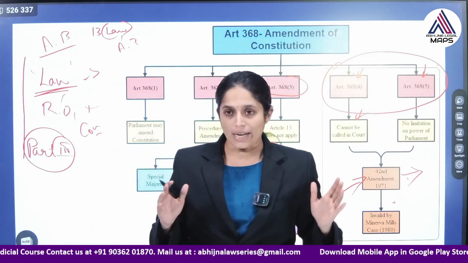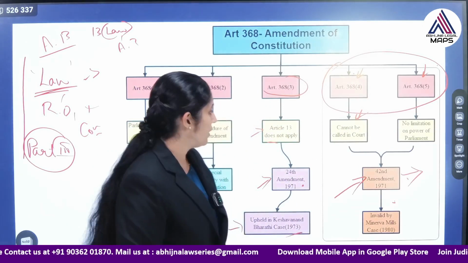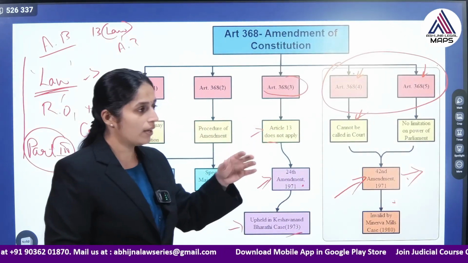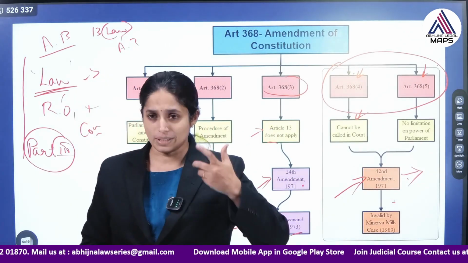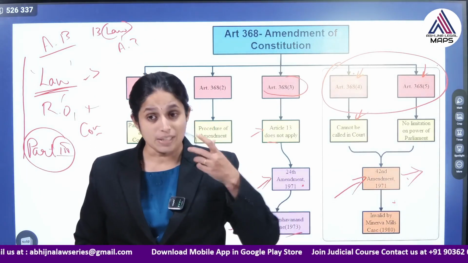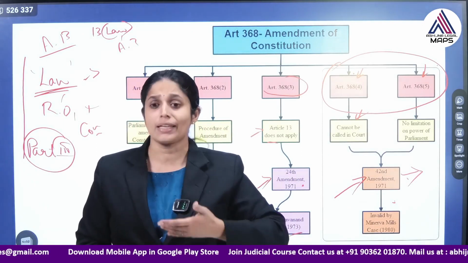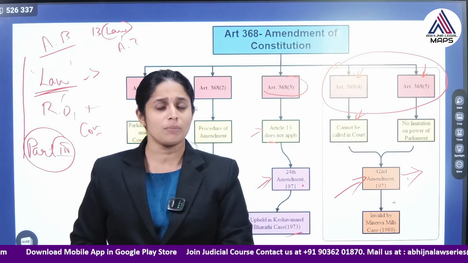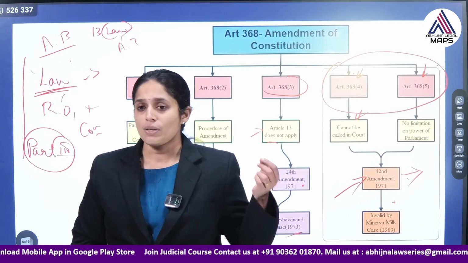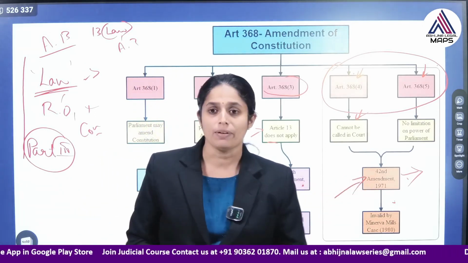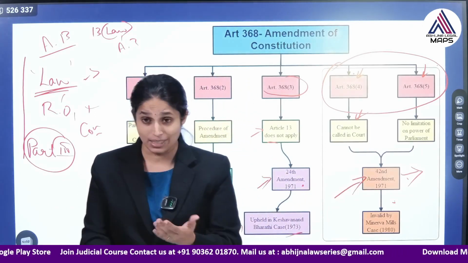So this is all about Article 368, and so far we have discussed what a constitutional amendment is, the effect of Article 13 on Article 368, the effect of the Golaknath case, the 24th Amendment, the 42nd Amendment, etc. This was our first day lecture of the 48-day challenge.